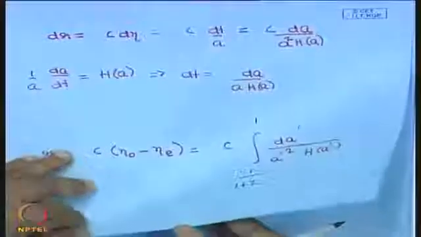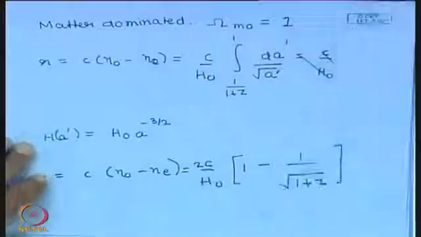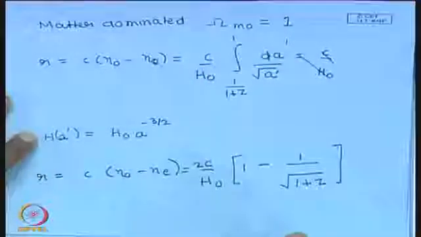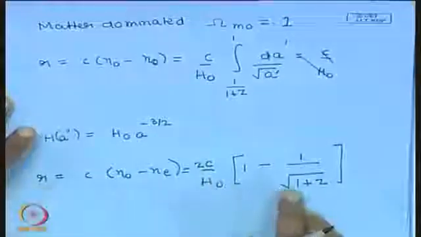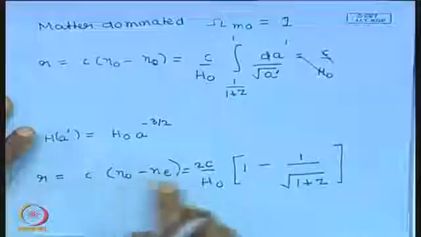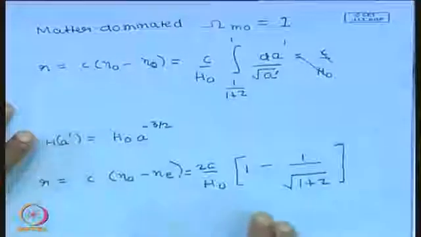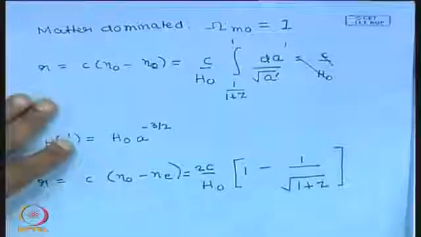So this entire relation, that exercise that we have worked out, is specific to a matter dominated universe. The relation between comoving distance and redshift, the difference in conformal time and redshift, everything will get modified if I change the constituents of the universe.